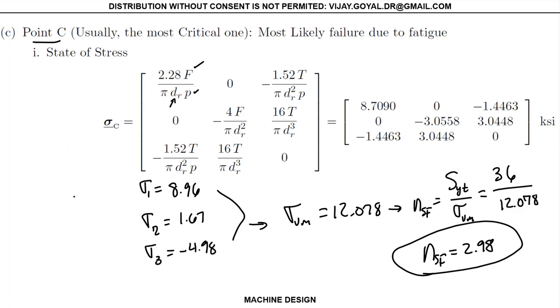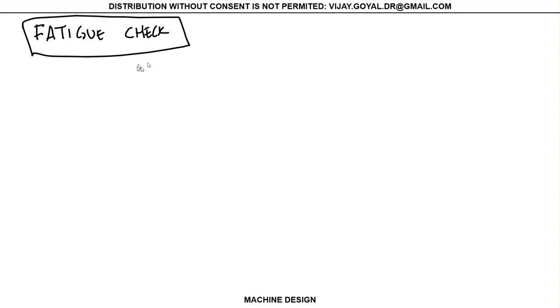Okay, the next thing we want to do is, now we are done with static, we will do fatigue. So this is the fatigue check. For the fatigue check, you want to modify your new F max by using your design factor.